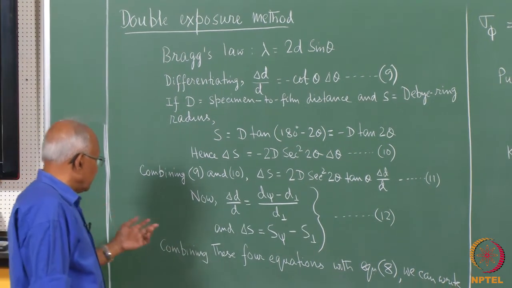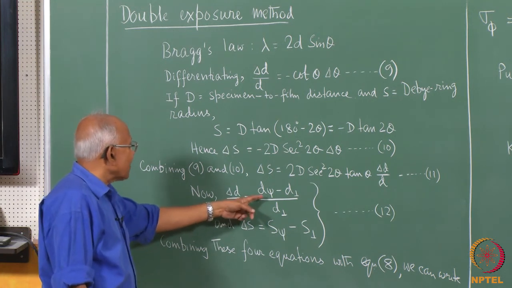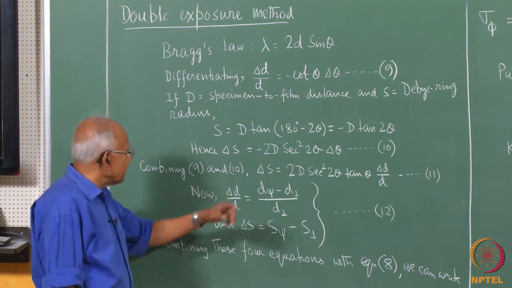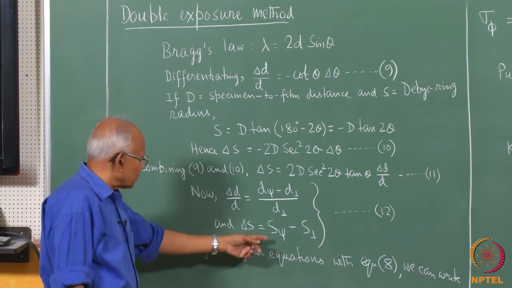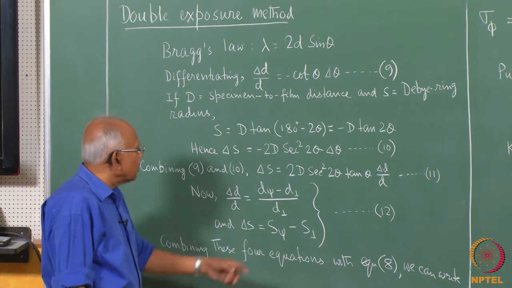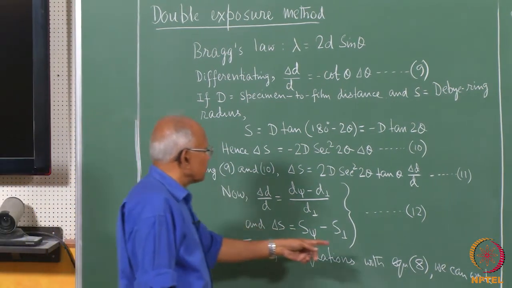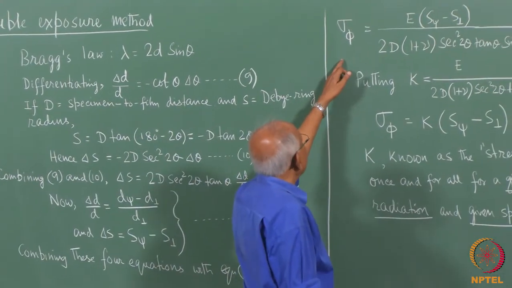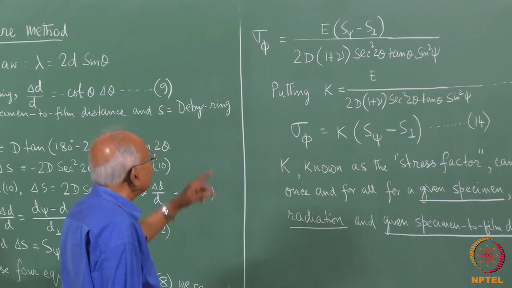Now, we already know that delta d by d will be equal to d psi minus d perpendicular divided by d perpendicular, and delta s is equal to s psi minus s perpendicular. Combining these equations with equation 8, we can write sigma phi will be equal to E multiplied by S psi.